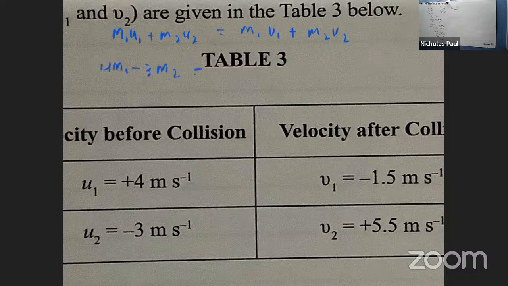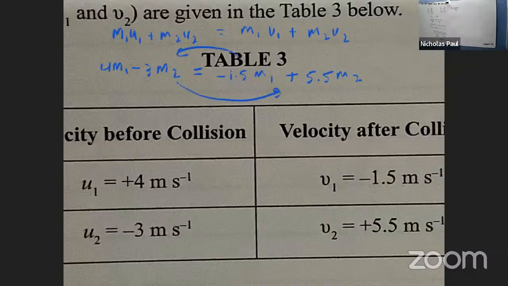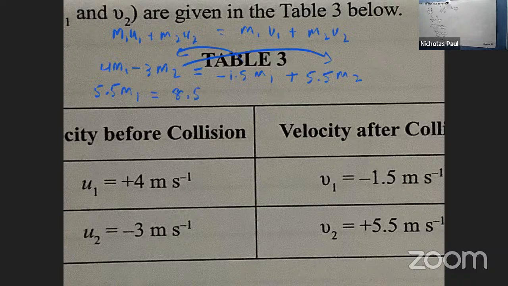So we're getting minus 1.5 M1 plus 5.5 M2, right? All we can really do right now is bring all the M1s together. Bring the M1 here, bring the M2 here, right? I have 5.5 M1 is equal to 8.5 M2.